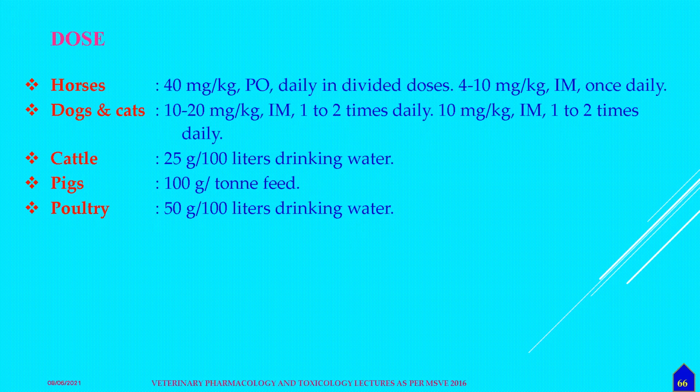Whereas in the case of poultry, 100 grams per ton of the feed, then this needs to be administered. In case of poultry, 50 grams per 100 liters of drinking water. This needs to be given especially for CRD, chronic respiratory disease.